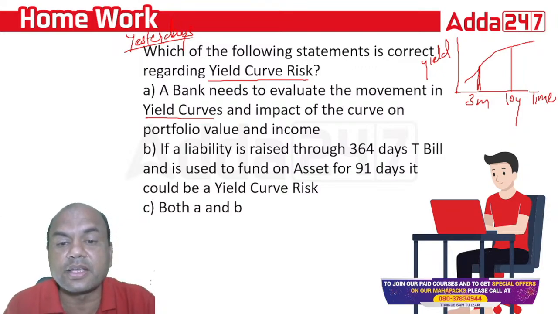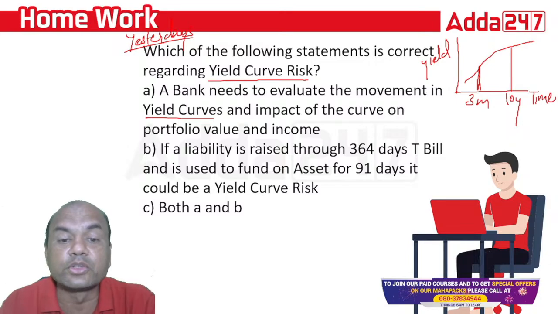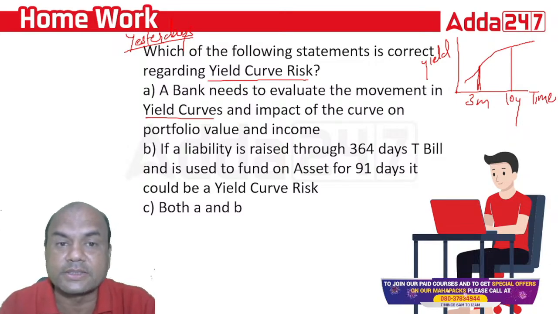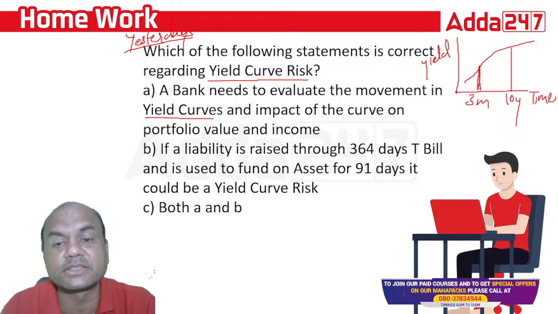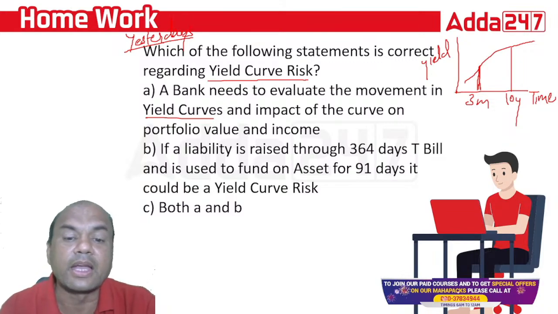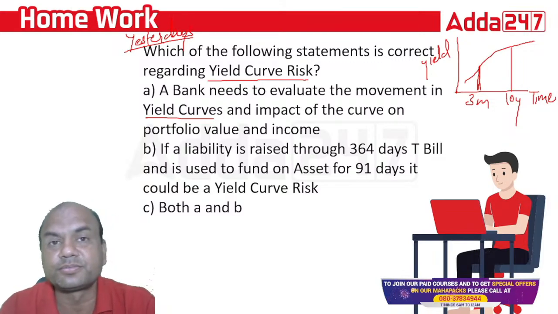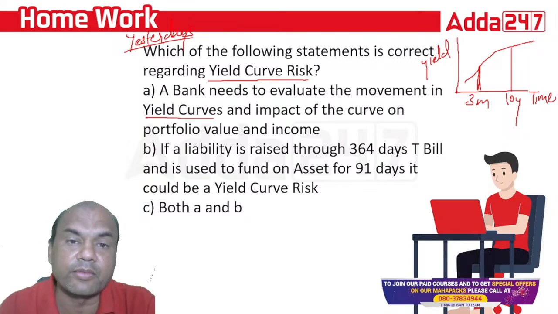If the liability is raised through a 364-day T-bill and is used to fund an asset of 91-day T-bills, it will lead to yield curve risk. If I take a deposit of 364 days and give a loan of 91 days, will I be facing yield curve risk?